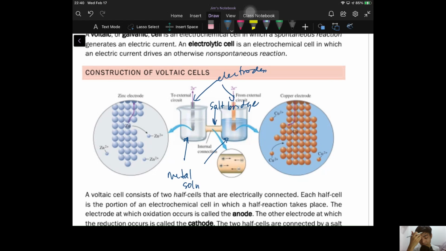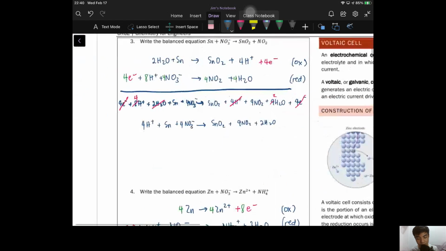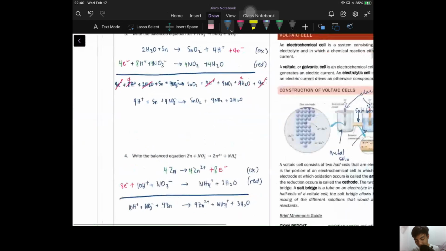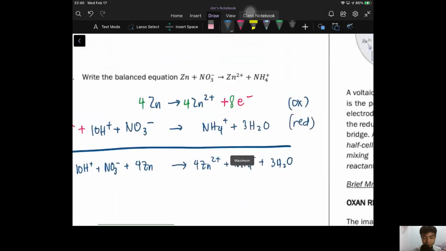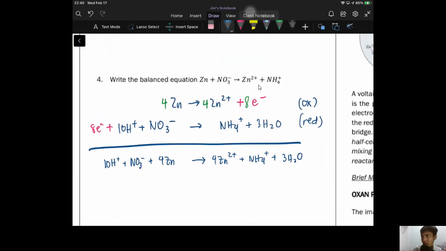So, ano yung purpose ng metal and the electrodes? Ang purpose ng metal and the electrodes is to allow the redox reaction to happen. So, kuha tayong example dito sa sinagutan natin. Paano yung zinc? Magiging zinc 2+.